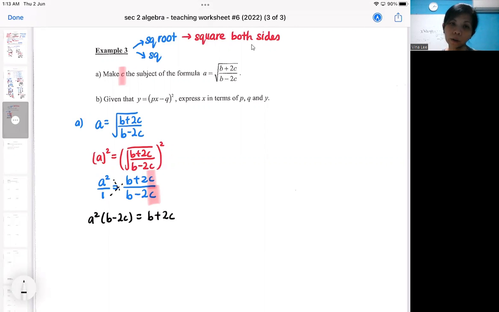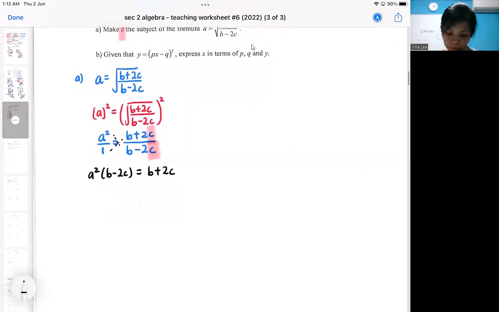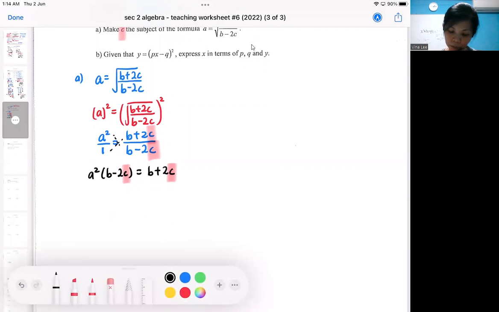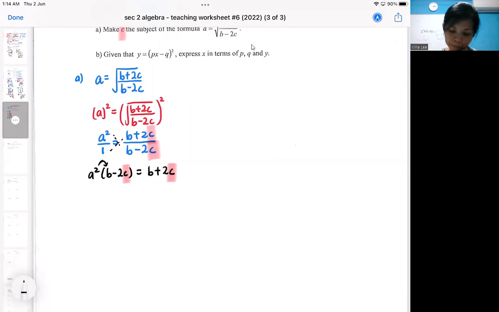Take note, where is your subject first? Your subject is here. One of them is in the bracket, the other one is on the right side. So go and open up. Look at your subject, one on the left, one on the right.